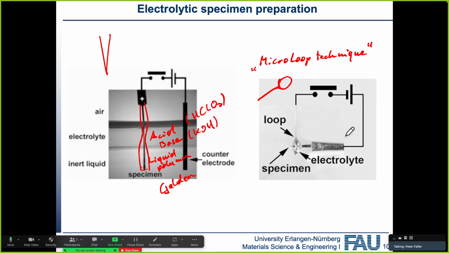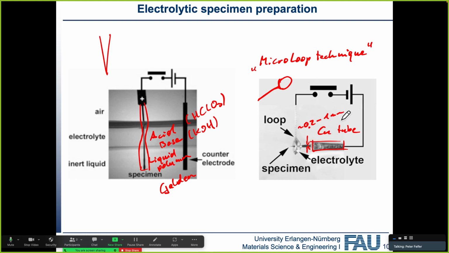We can then move a specimen in there, and you can see the specimen is crimped in a copper tube, some soft metal tube, so that we can hold it very easily, because typically they are somewhere between 0.2 to 1 millimeter in cross section.